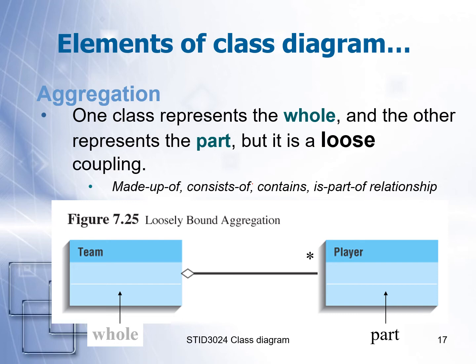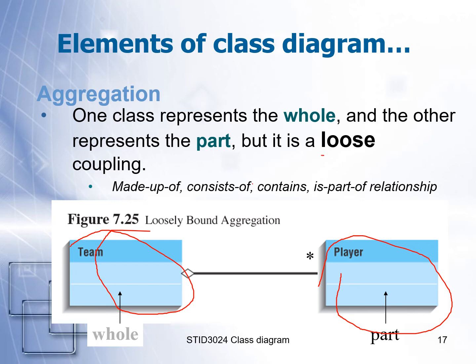In the aggregation, you see the diamond shape is not filled. It's an empty diamond, so aggregation is drawn with this kind of diamond. In here, one class represents the whole. This is the whole, and the other class is actually the parts.